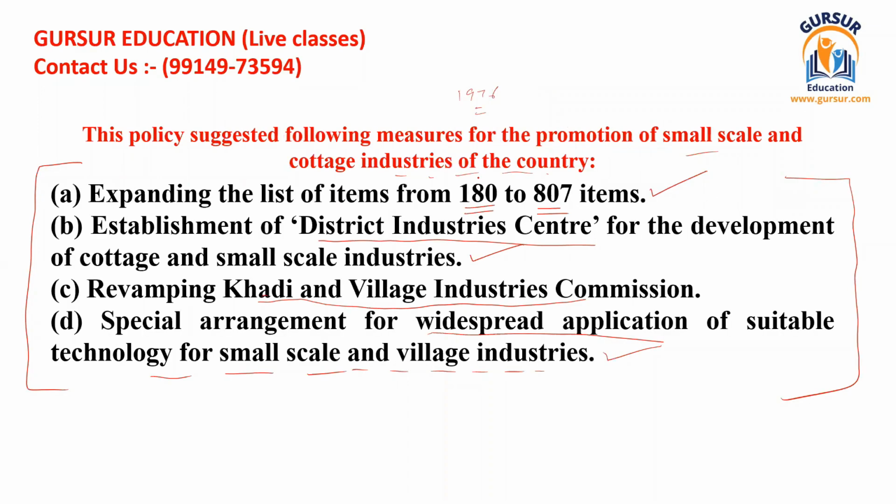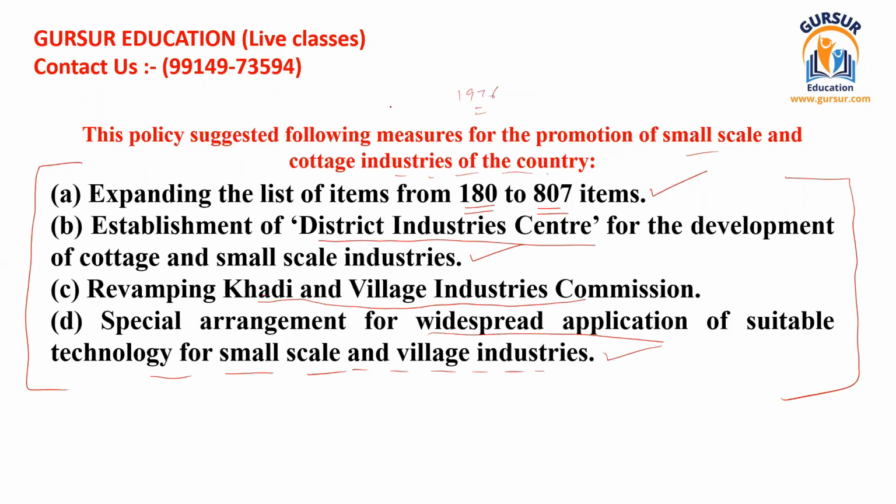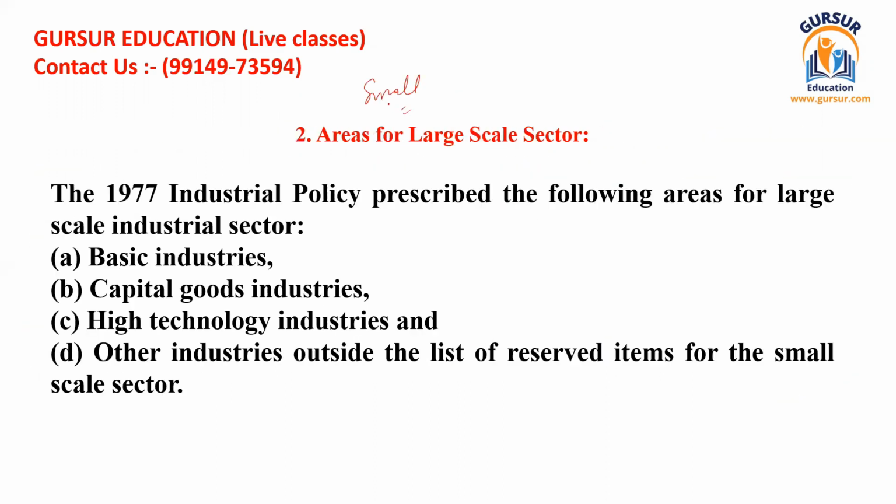Now the second objective of the Industrial Policy Statement 1977 is that this policy prescribed the following areas for the large scale industrial sector. I told you that for small scale, they took some initiatives which I have already discussed. But for the large scale sector, these things were developed.